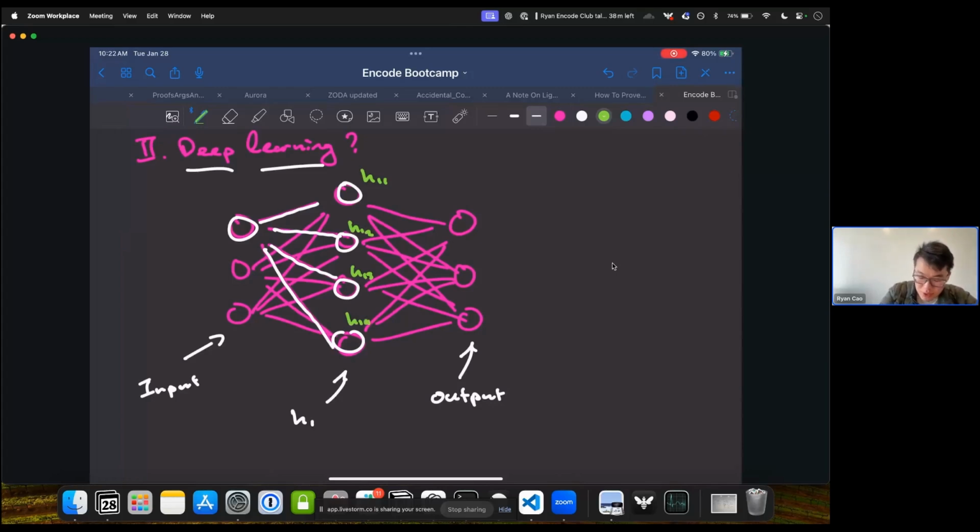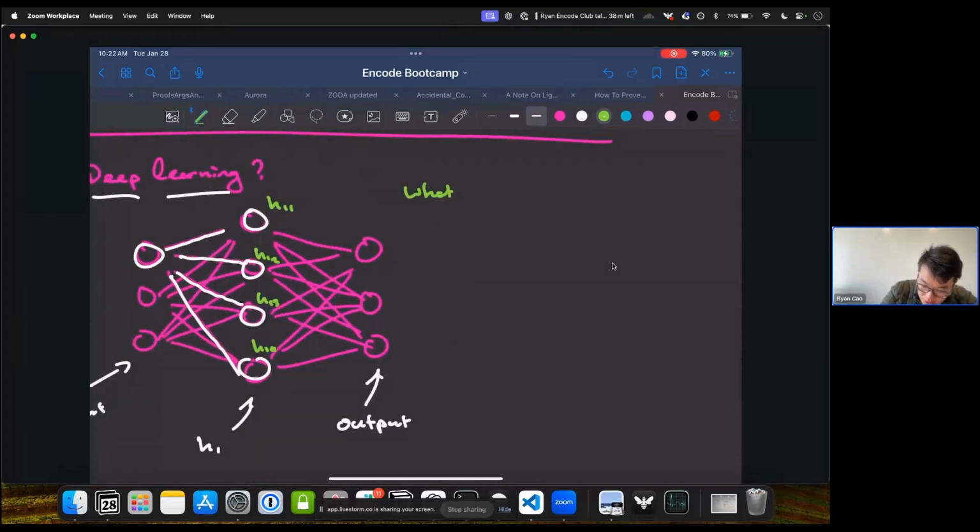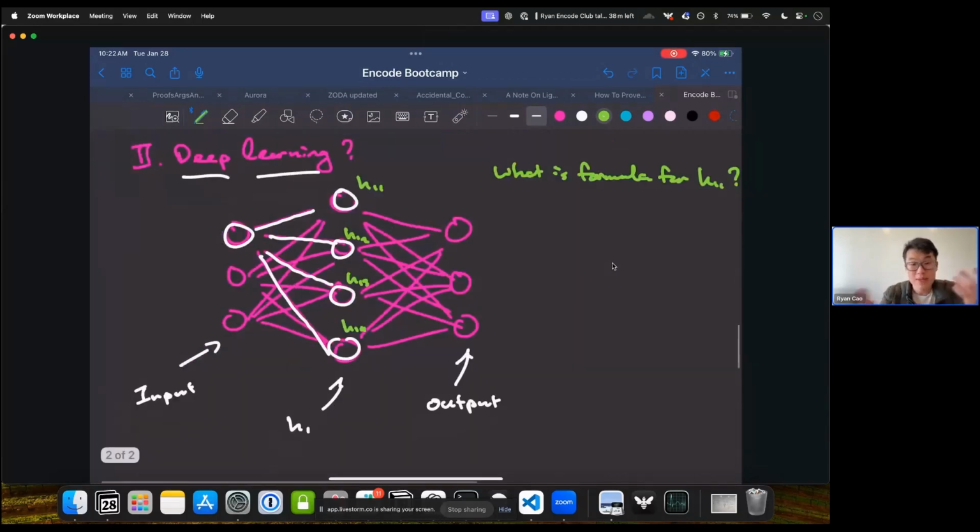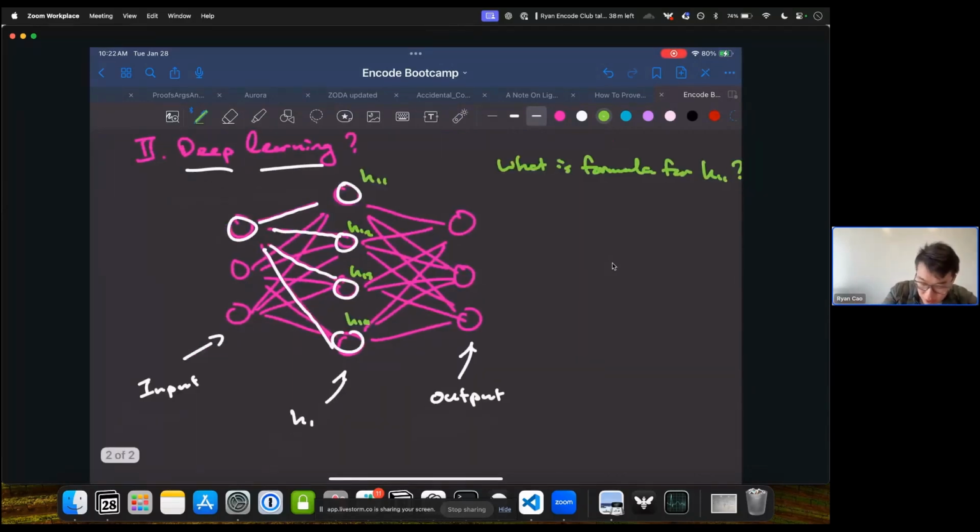Cool. So the question is, what is the formula for H11? Well, let's just look at what connects into H11. Let's call the inputs X1, X2, and X3, just so that we have some good notation. X1 is connected to H11, X2 is also connected to H11, and X3 is also connected to H11.